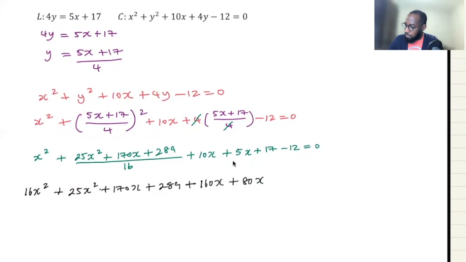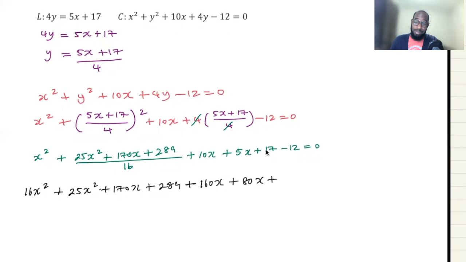Actually, I should have said 10x plus 5x is 15x, and then 15 times 16 gives you 240, because 160 plus 80 is 240.